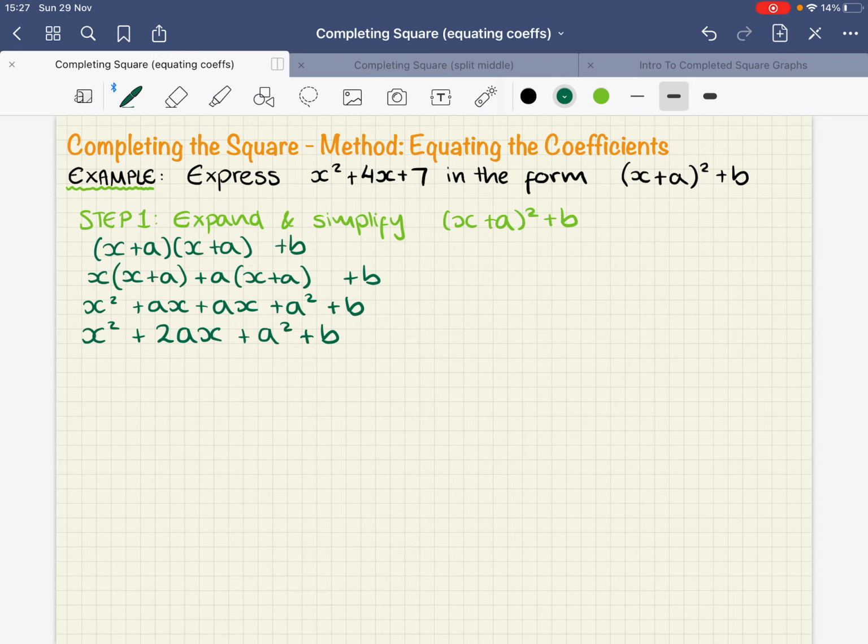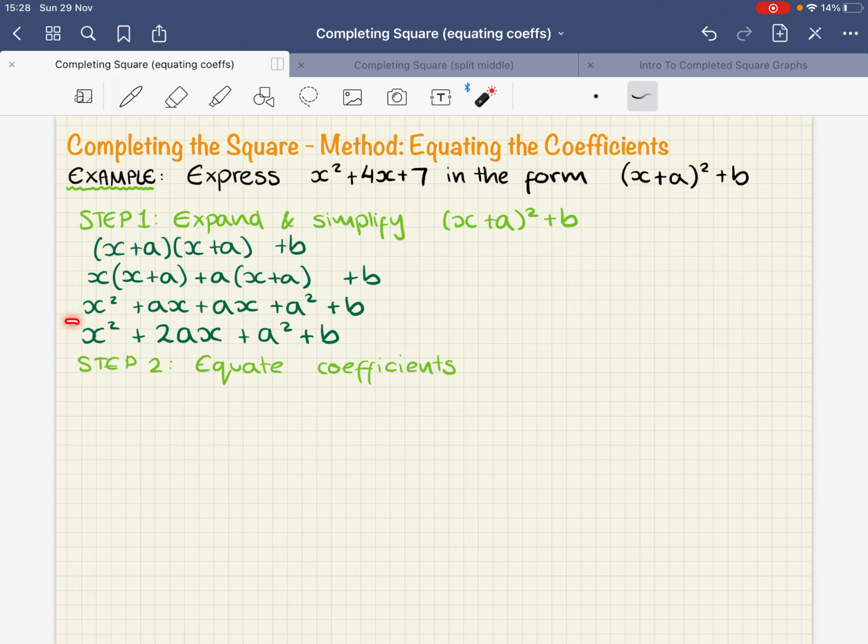Next thing I want to do, so step 2, and this is the clue in the name, I equate my coefficients. So what do I mean by equate the coefficients? Well, remember a coefficient is the value that's in front of your x squareds, your x, and even this bit on the end where I don't have an x.